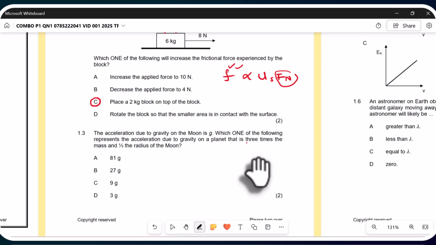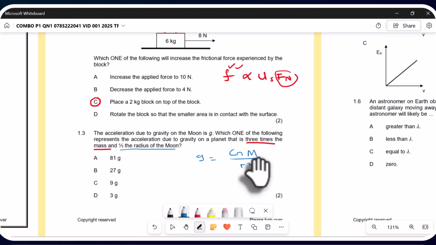Squared here. So for this matter, we're going to have 3G mass of the moon divided by r squared, then over 3 squared, which is 9. Now this 9 is going to come and multiply the 3 here, so it's going to give us 27 G mass of moon divided by r squared.